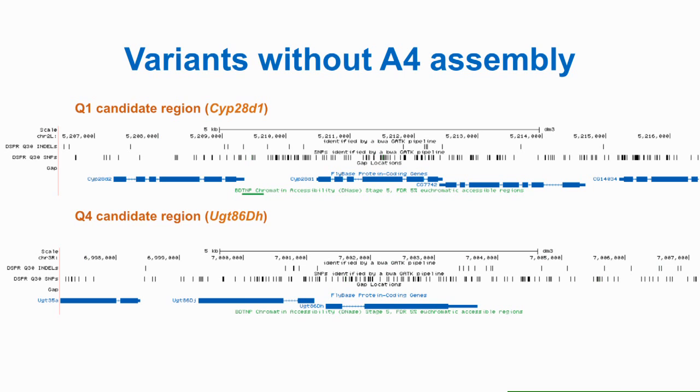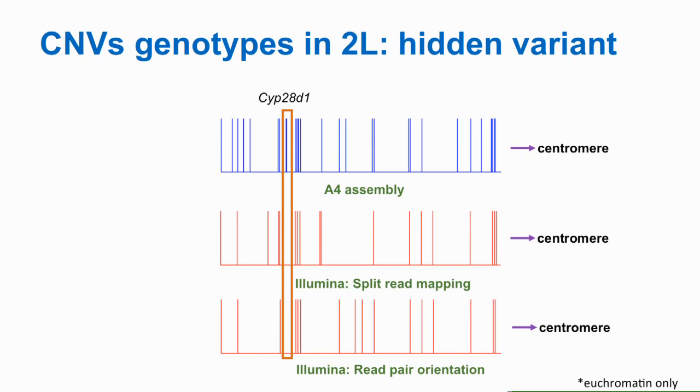What I'm showing you again here are the CNV calls from 2L. And you can see that the A4 genome alignment finds a duplication of Cyp28d1, which is not found by either of the strategies.